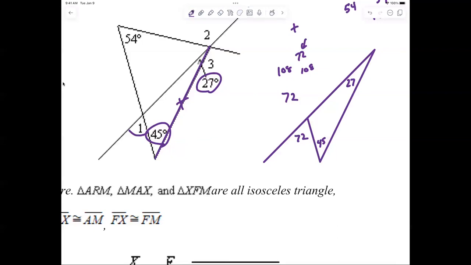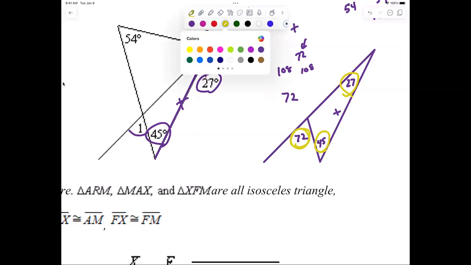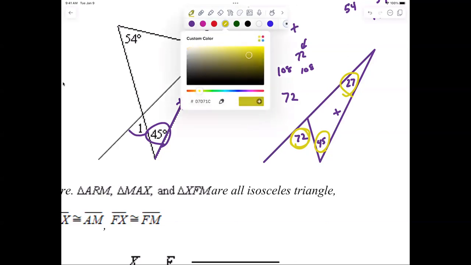I'm agreeing with you. Do you hear me? That's what I'm saying. Whenever you're stuck, look for an exterior angle. These two have to be equal. 72 is equal to 45 plus 27. Okay. Right. I'm agreeing with you. It's hard to see, especially with all the lines running through it. Do you hear me? Yeah.